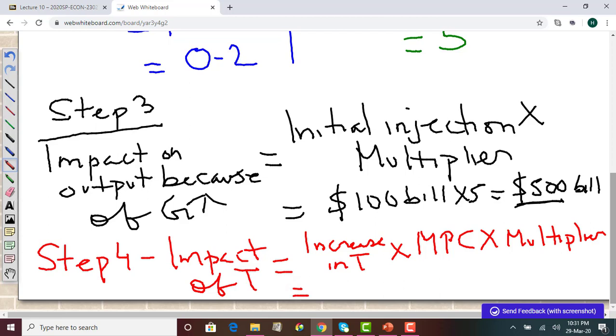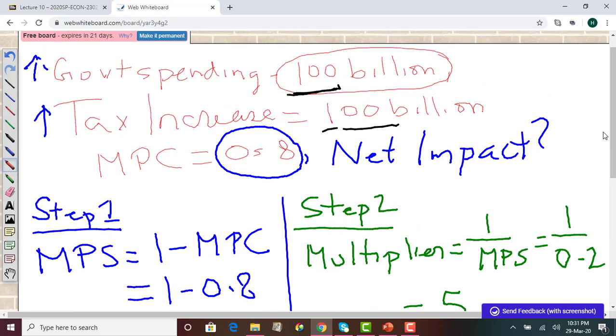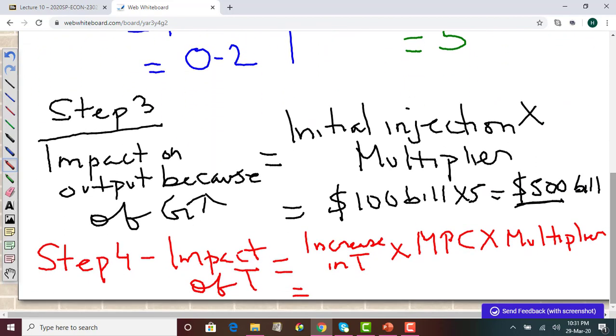And remember, the impact means that the output will go down by this number. So your increase in taxes is $100 billion. Now MPC we know is 0.8, that's given in your problem, times 5, so we end up with 400 billion.